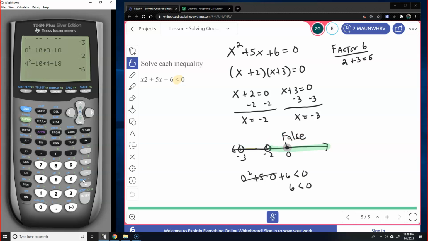So that's false. Now we have to try a number that falls before -3. So let's try -4. You got to be careful, make sure you have parentheses. (-4) squared plus 5 times -4 plus 6, and you're going to check if that's less than 0.